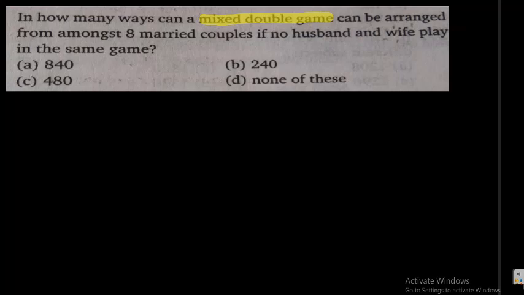Okay, students, listen. Number of couples: 8 means 8 pairs actually, total 16 members. Okay, what I can say, there will be 8 husbands and 8 wives. Just I want to write like that. First of all, what do you want?